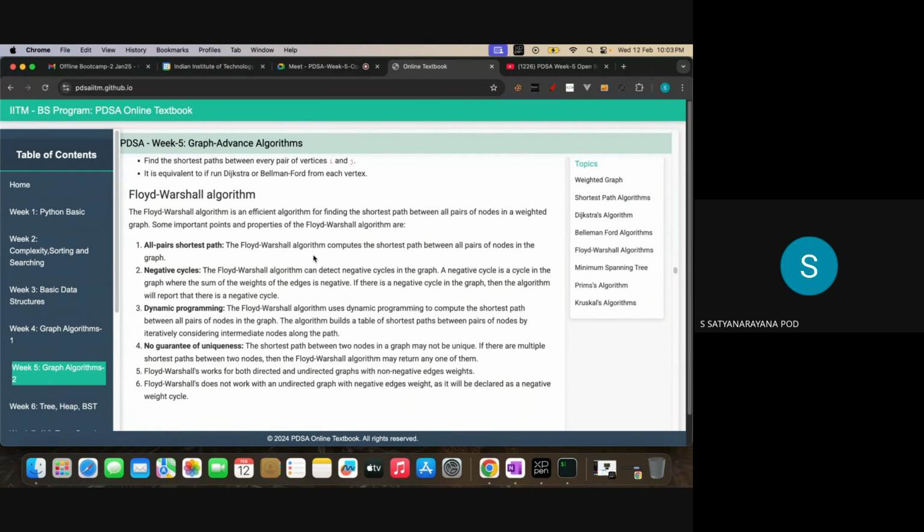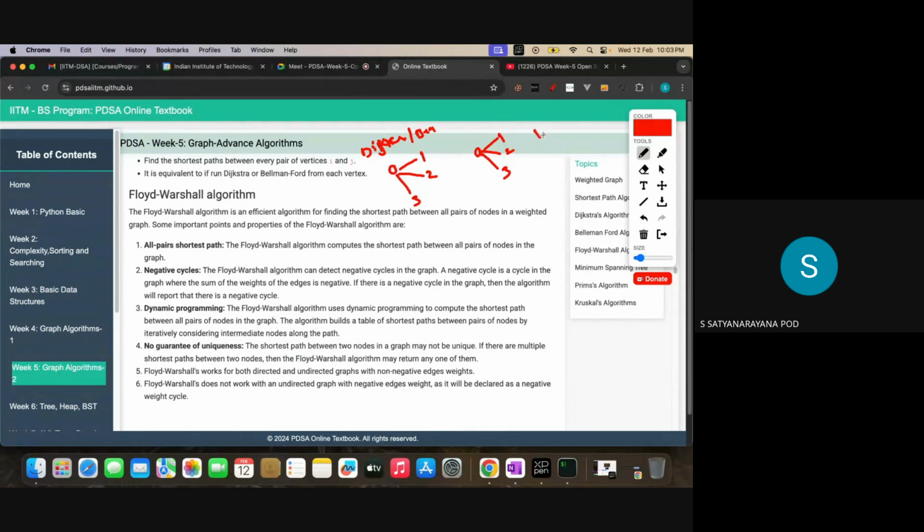It's an all pair shortest path. Why do we say all pair? If it is single source, we try the 0th vertex to the first vertex, to the second vertex, to the third vertex. That is Dijkstra's and Bellman-Ford. But with Floyd-Warshall, first it will try 0 to 1, 0 to 2, 0 to 3.